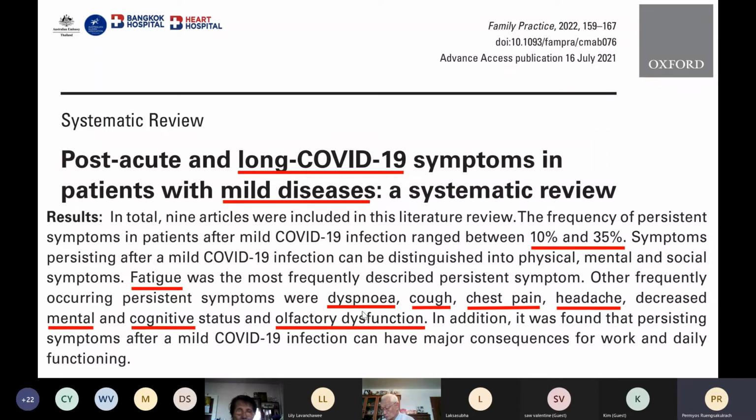You have fatigue, difficulty breathing, cough, chest pain, headache, and some brain problems. We still have to look for this long COVID symptom in different variants. It may be a different picture, okay? But it can happen.